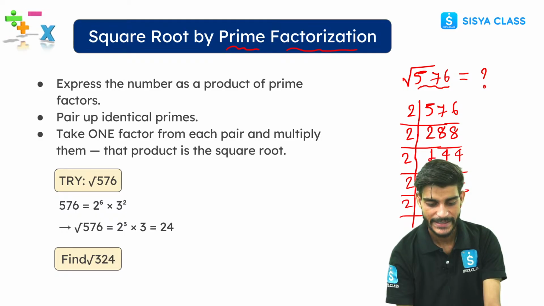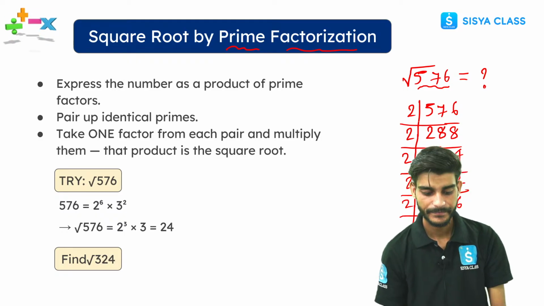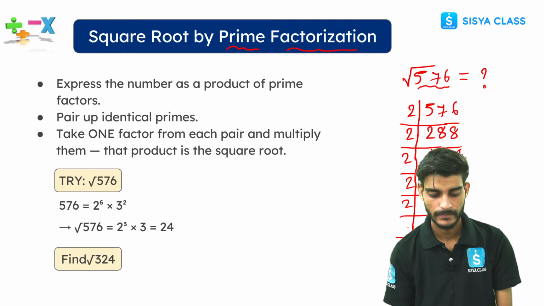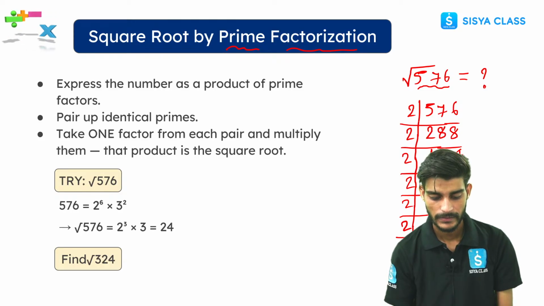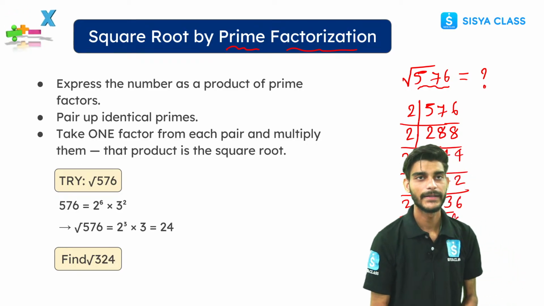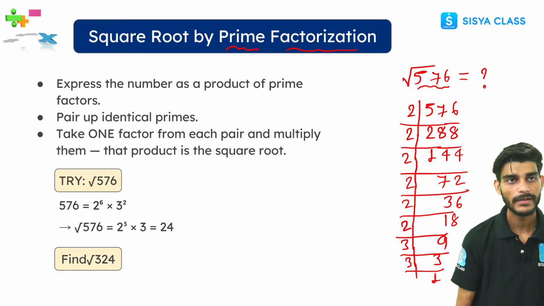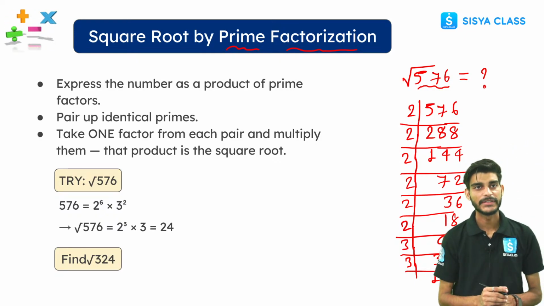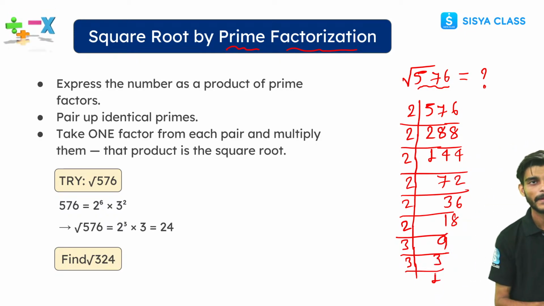Again with 2, 18. Again with 2, 9. Then 3 threes are 9, and 3 ones are 3. This is visible to you, right?